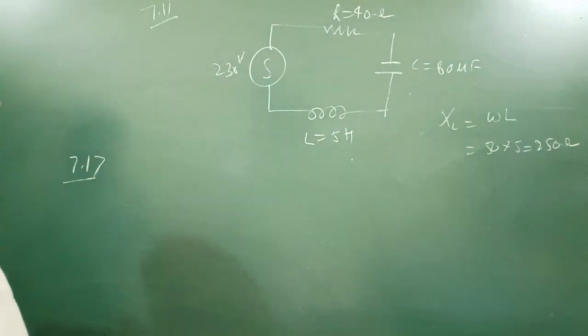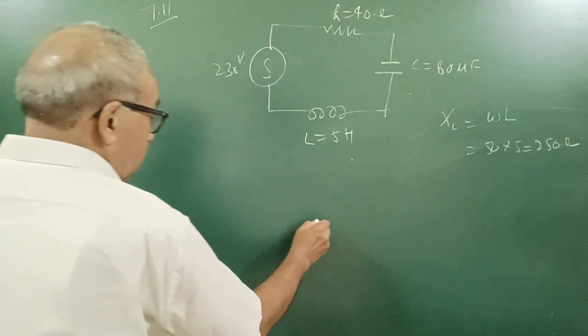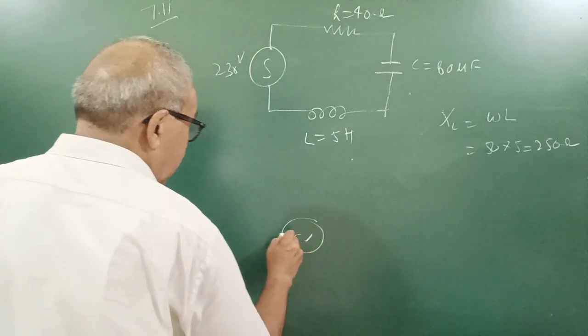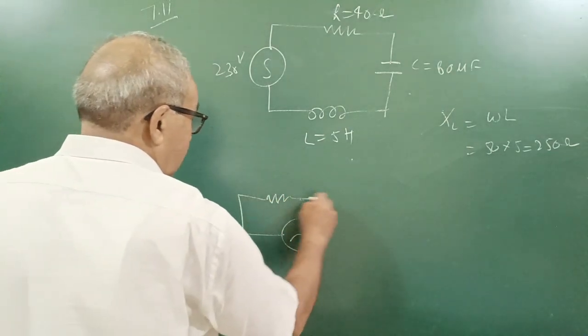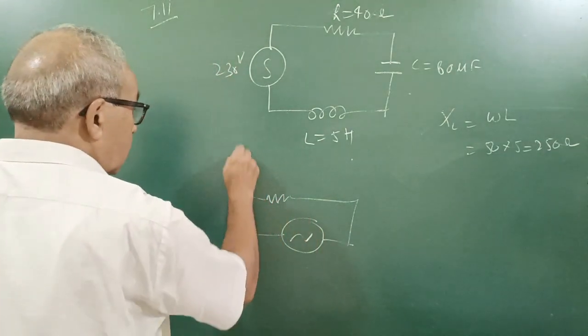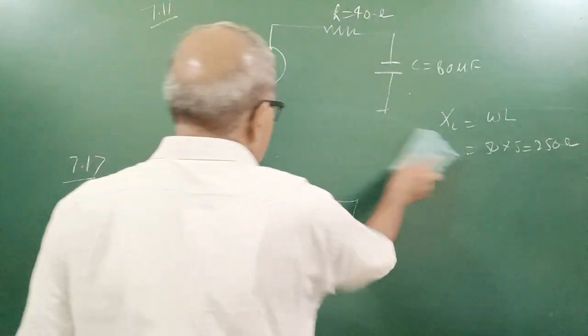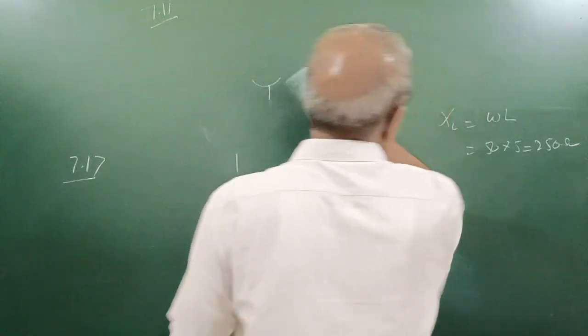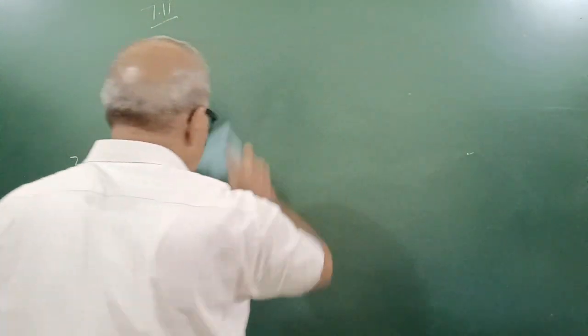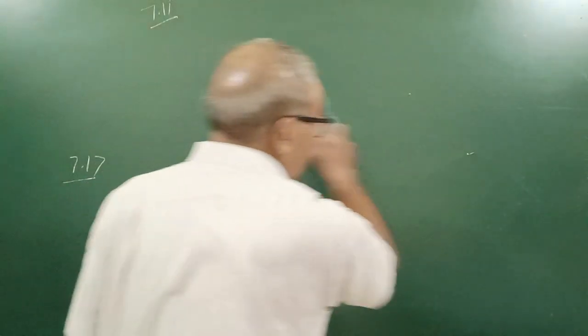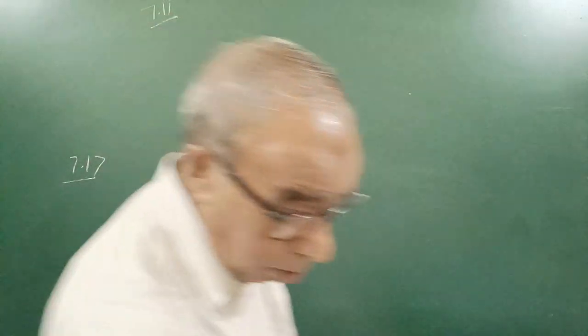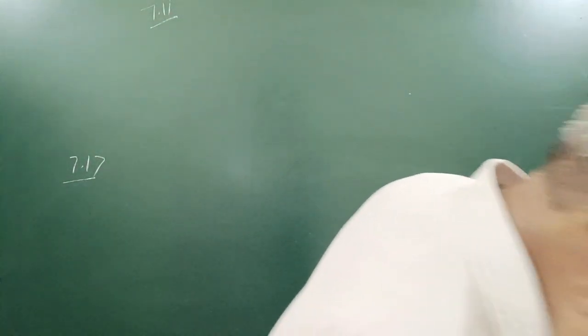It says that if all these three are connected across the source in parallel, instead of series combination, then prove that the current drawn by the circuit will be minimum.